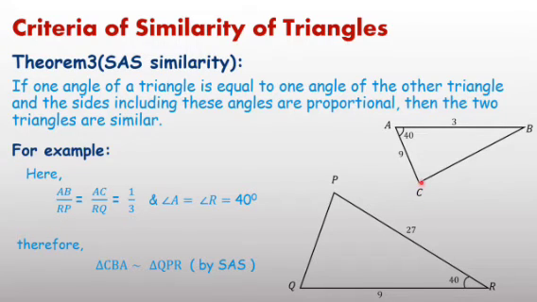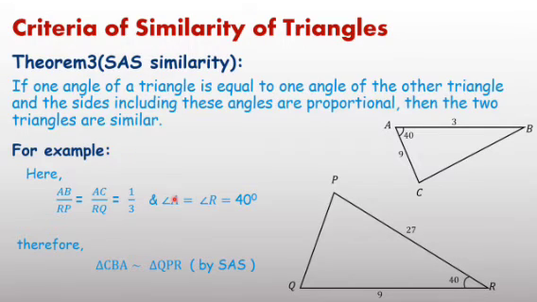So C, 9 threes are 27. It implies start from Q, P. In this pattern, these two triangles are similar. Up to here, the criteria of similarity are covered.